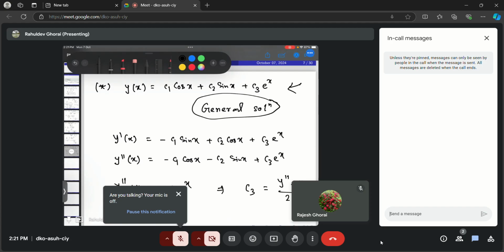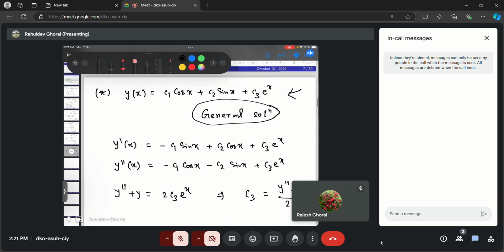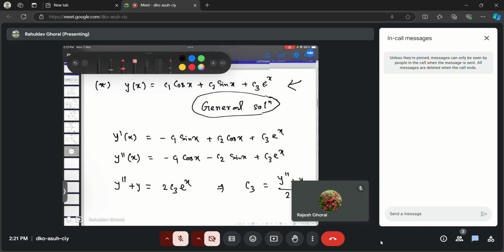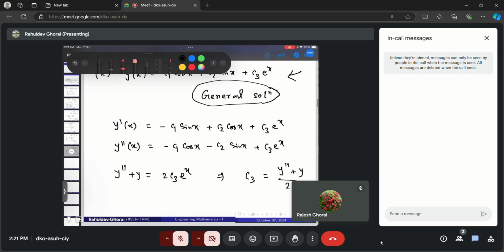That is one. Another we can get from y minus, so you can put this c3 into c1 and c2. If you can find that out, then things will be fine.